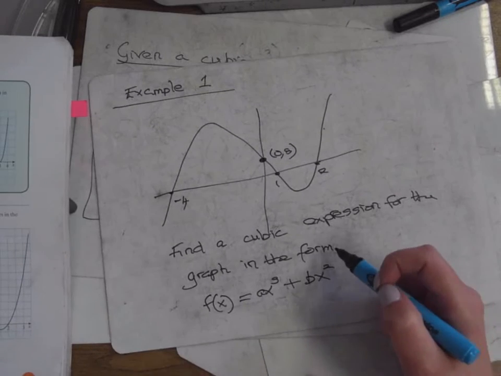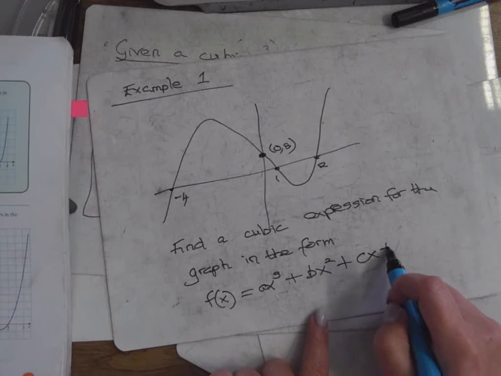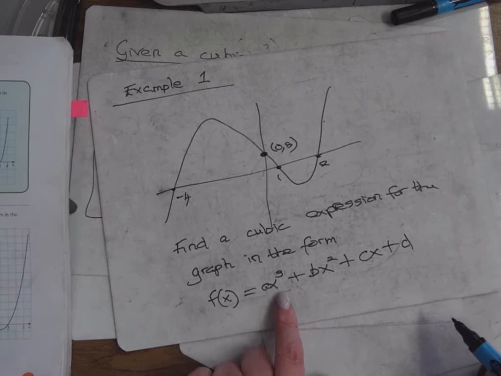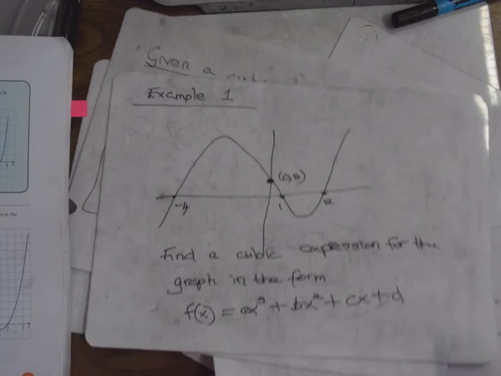Basically, when I'm going to solve it, I need to multiply it out. How do I know to multiply it out? Because they want it as something x cubed, something x squared, something x plus d. We'll worry about that when we get that far. Is that alright? Okay, right.